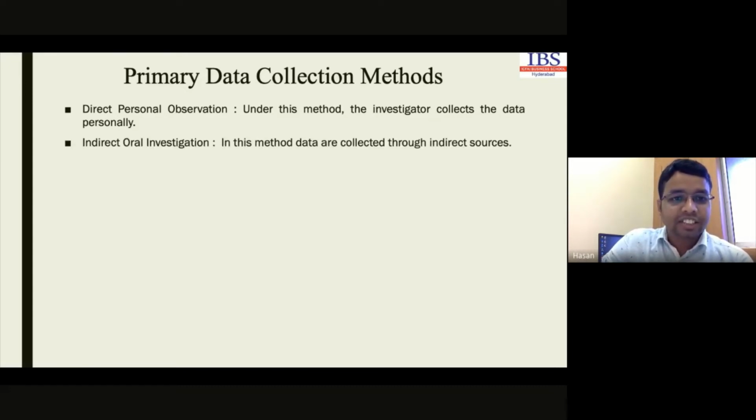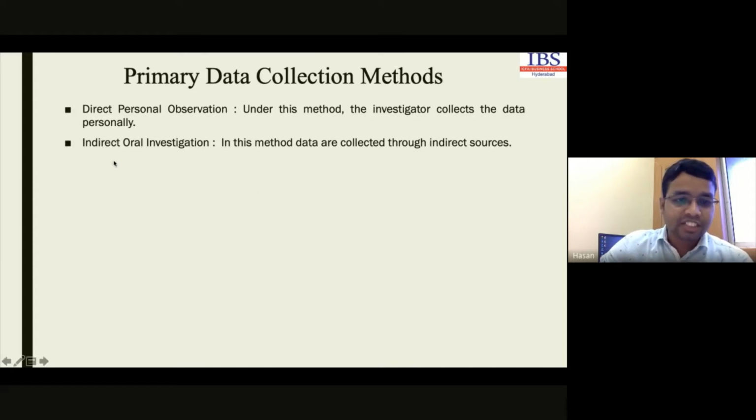Second one is indirect oral investigations. So we don't have any access directly to the source to get data. So what we can do here, we can contact someone else and they will do the job on behalf of us. This is indirect oral investigation. We can take the example here.